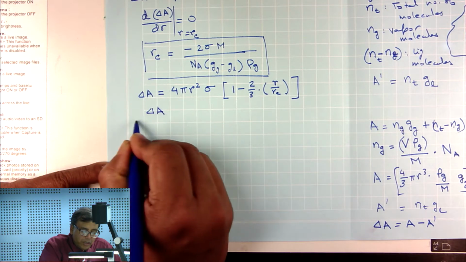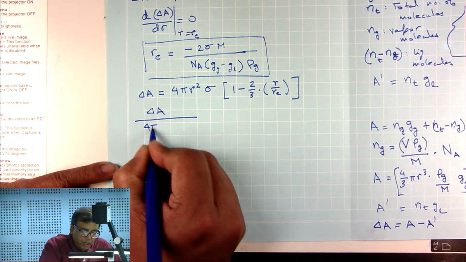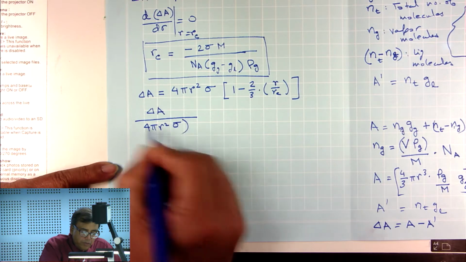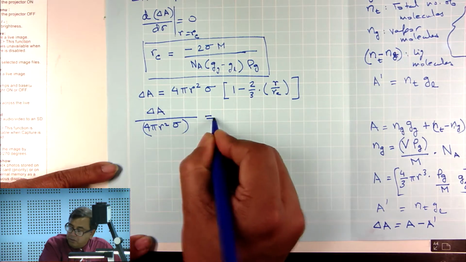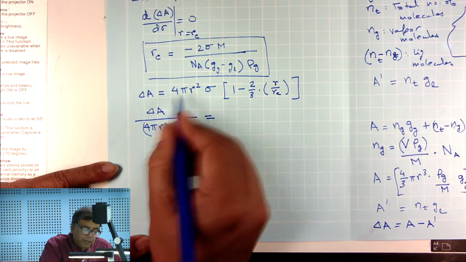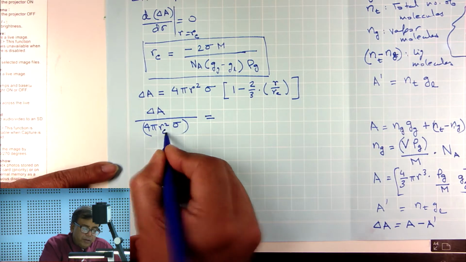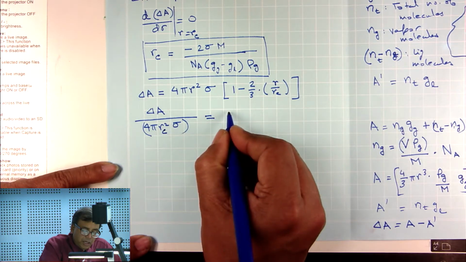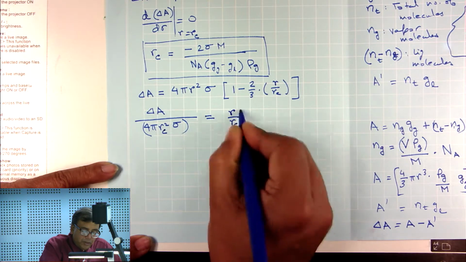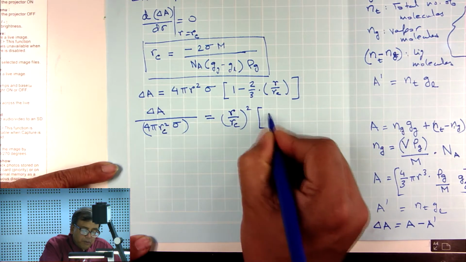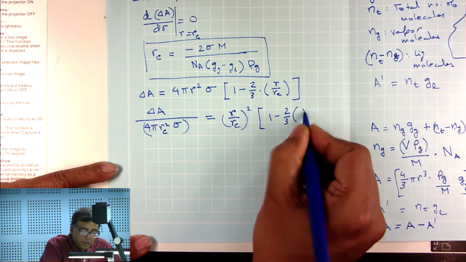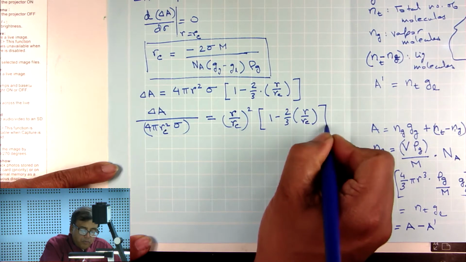I can write it as delta A divided by 4 pi r c square sigma, so I divide by 4 pi r c square on both sides, and I will be left with r by r c whole square and then 1 minus 2/3 r by r c.